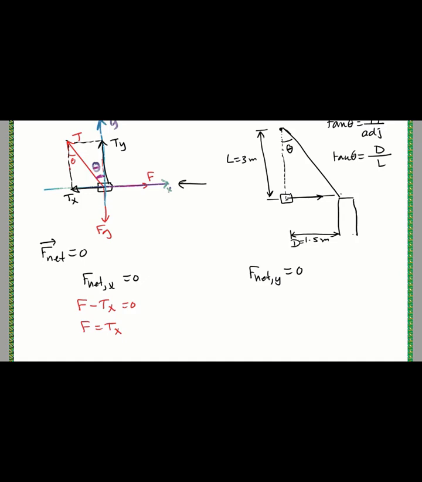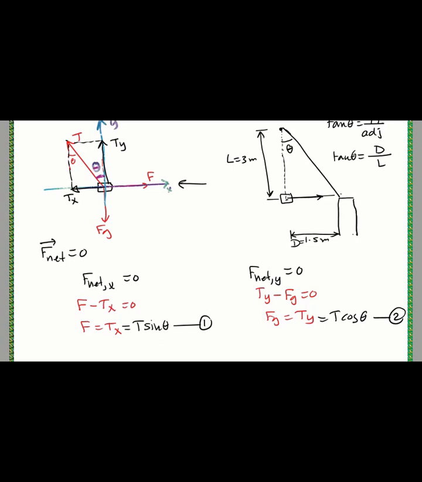For F net on the y-axis, we have Ty upward minus Fg downward equals 0. So Fg equals Ty. What about Tx? The angle for the tension here is with the y-axis. So the y-axis take cosine, and x-axis take sine. So here T sine theta, and here T cosine theta. This is an equation, this is another equation.